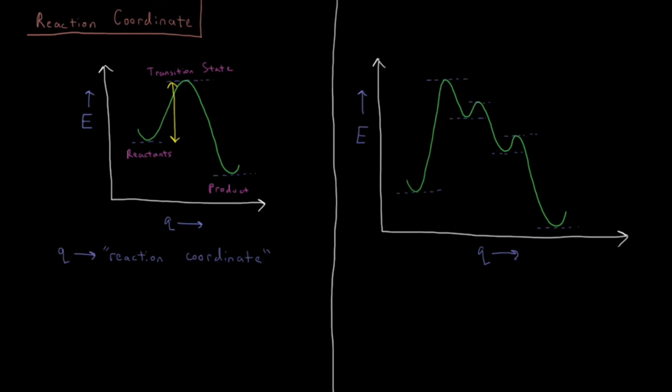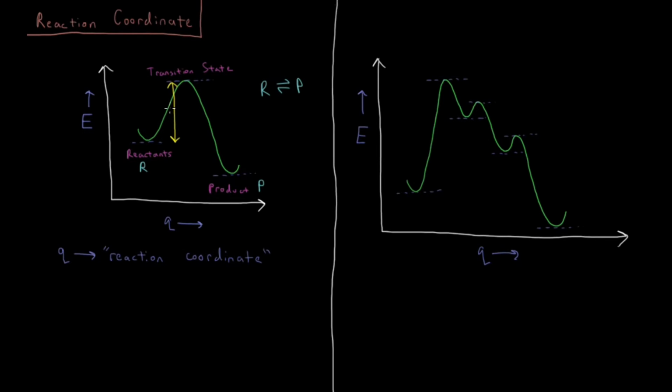Let's say this is some reaction where we call this R and this P. So this is a reaction of R going back and forth to P. So the reaction would be reversible. You could go in the reverse direction.